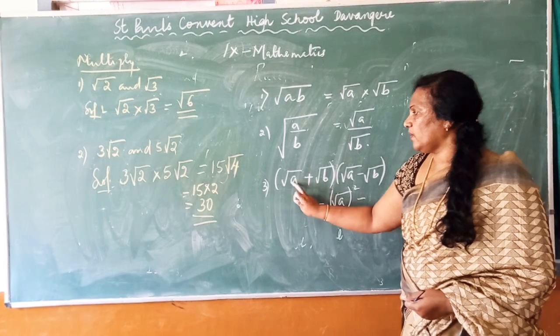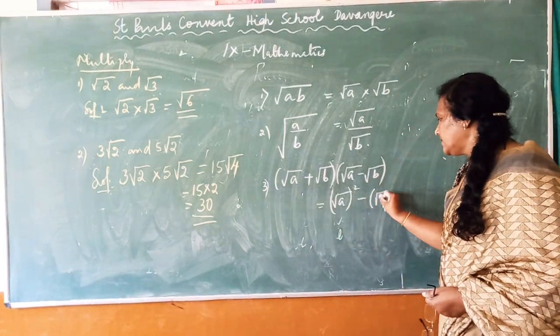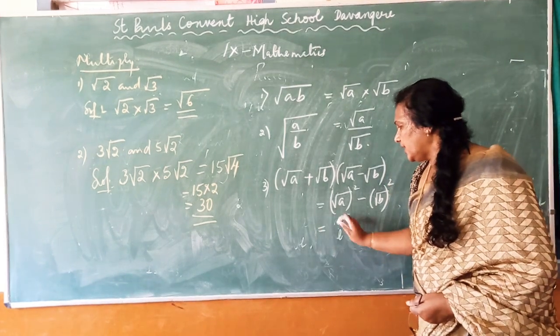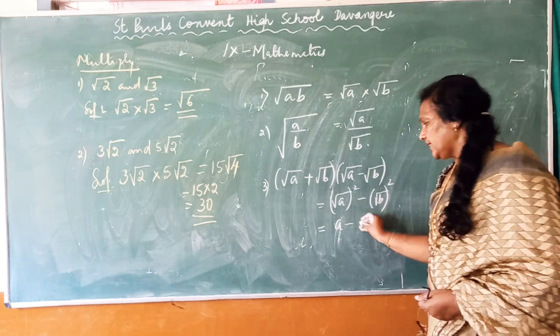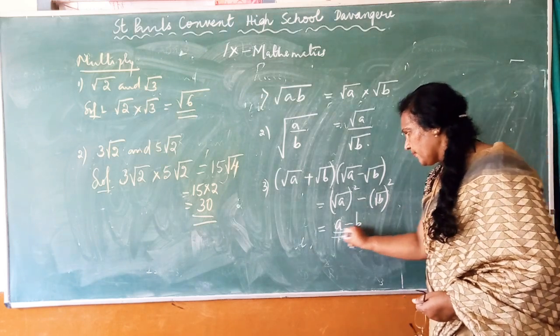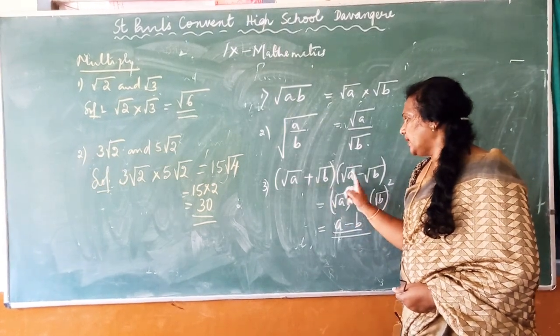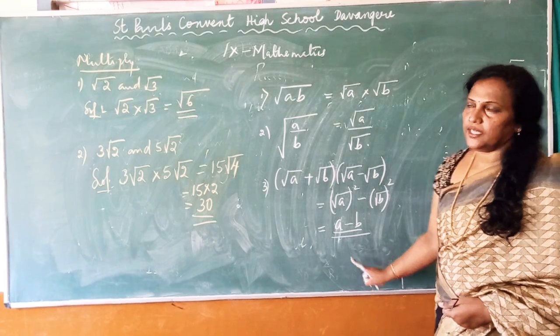In the place of A, what is there is root A. In the place of B, what is there is root B. Root A into root A is nothing but A. Root B into root B is nothing but B. So the third identity is root A plus root B into root A minus root B is nothing but A minus B.